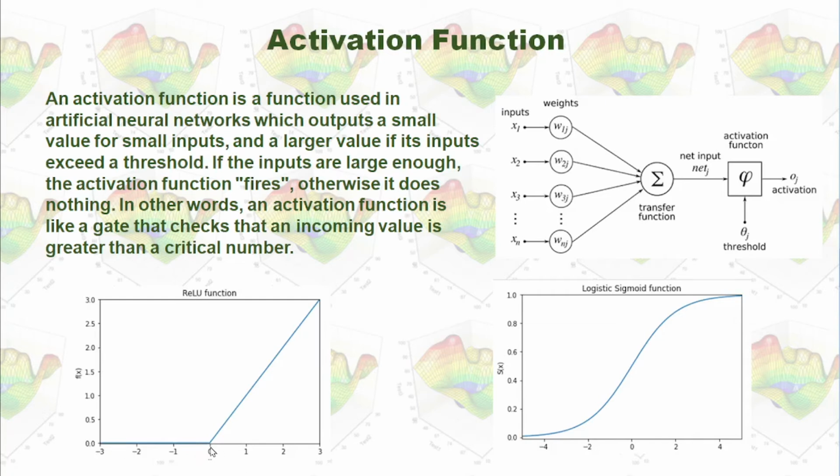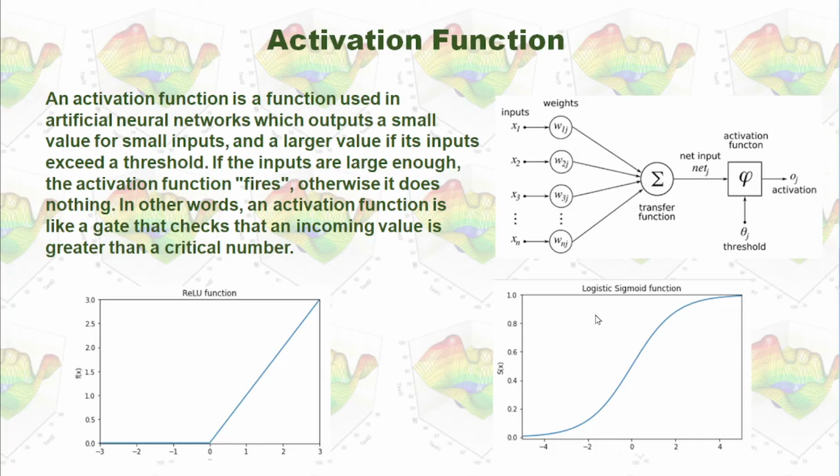But if the input to this activation function is positive, then it will have the same value output from this activation function. For example, if the input is 1, the output will be 1. And if the input is 2, the output will be 2. But again, if the input value is negative, for example, -1, then the output value will be 0.